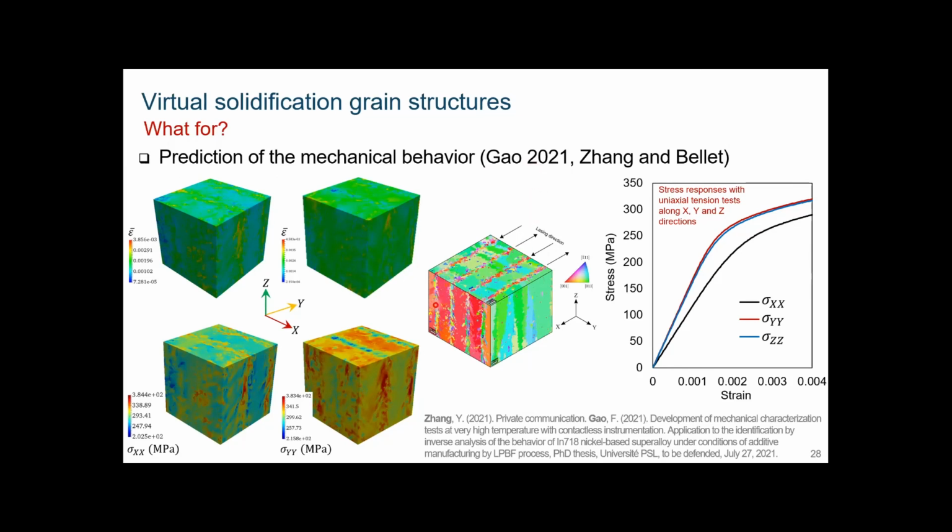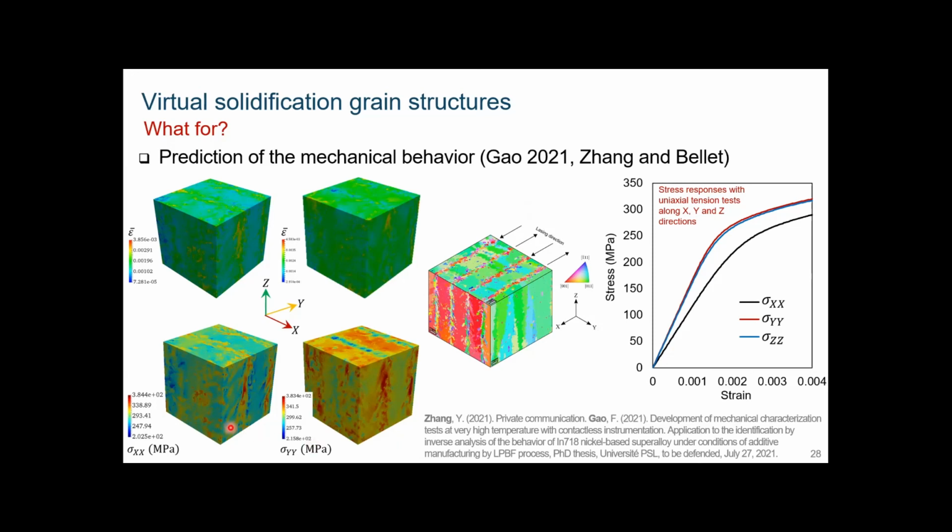And you see, given this computed microstructure using the CA model, they can input this into solid mechanics solvers to do a uniaxial tension test along the X direction, which is the scanning direction, or along the Y direction, and they also did along the Z direction.